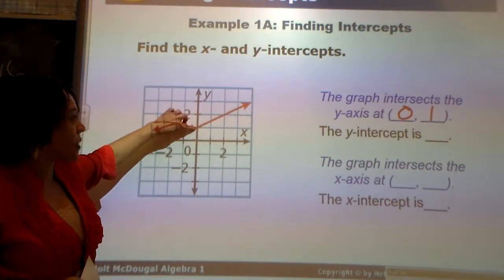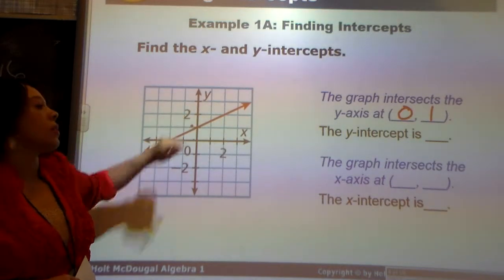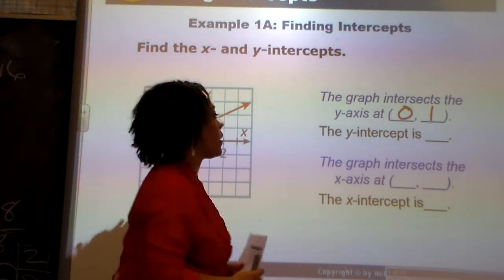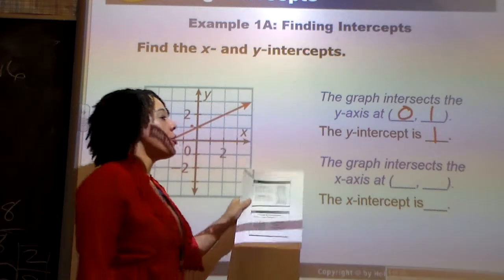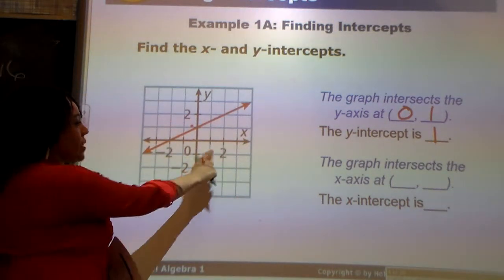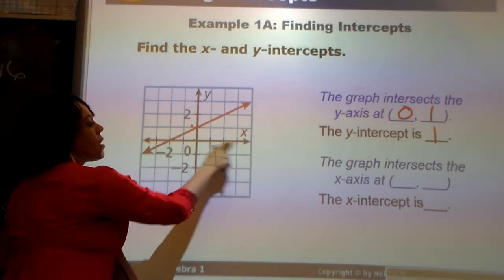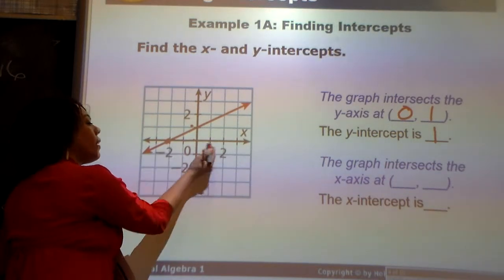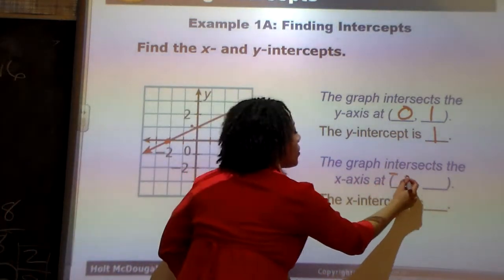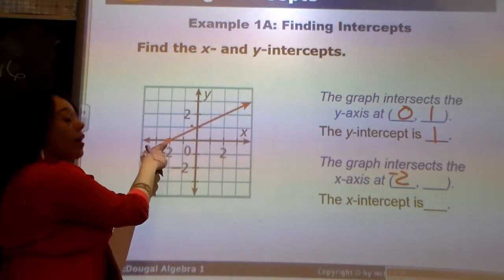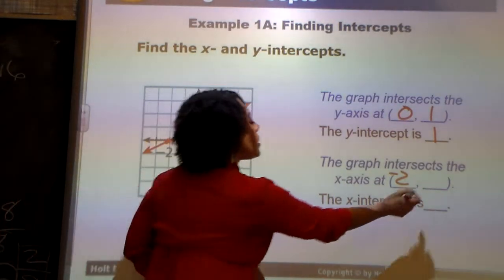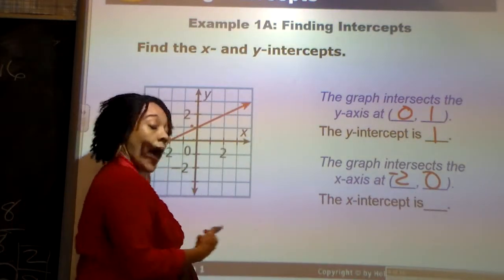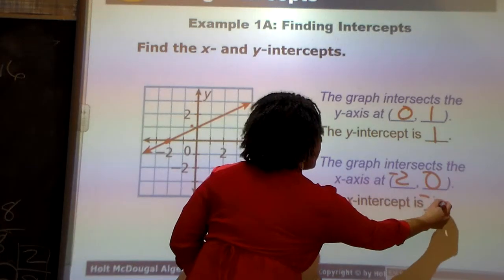And our y-intercept is positive 1. The graph intersects the x-axis, so let's go along the x-axis. I see it intersects right here at negative 2. And remember, the associated y-coordinate is always going to be 0. So the x-intercept here is negative 2.